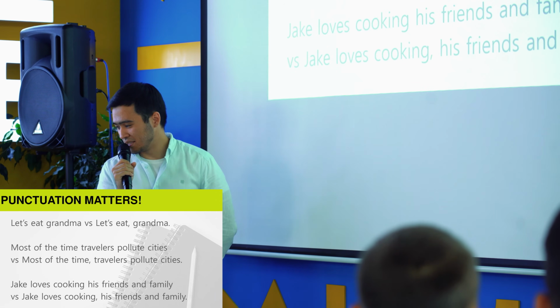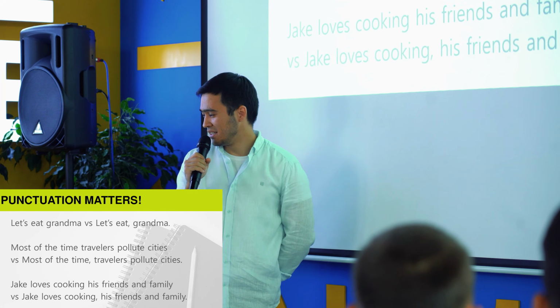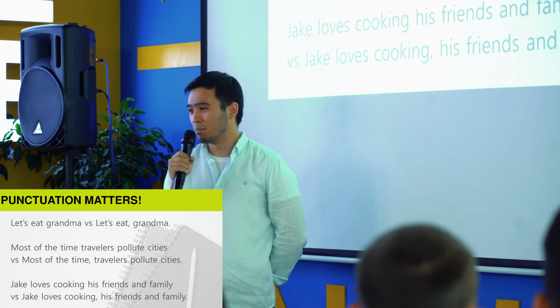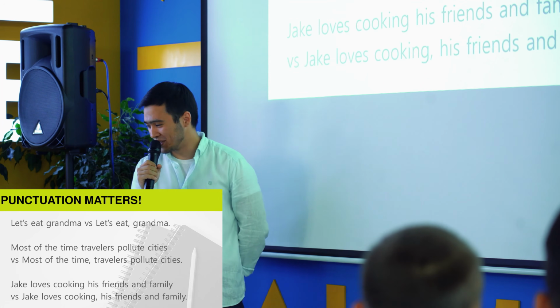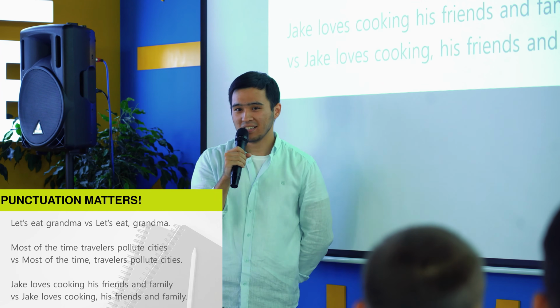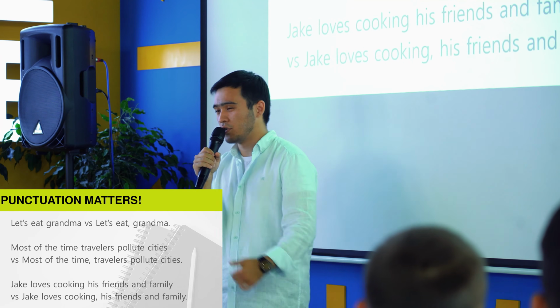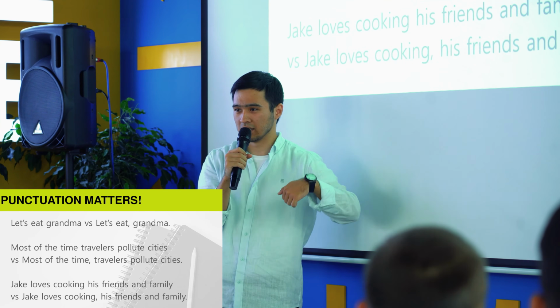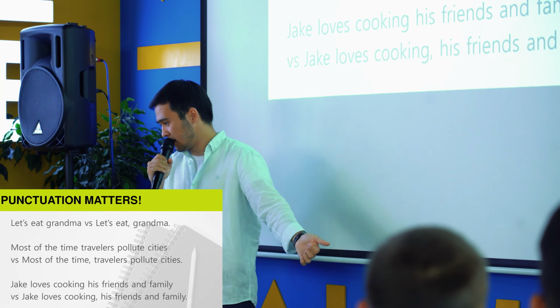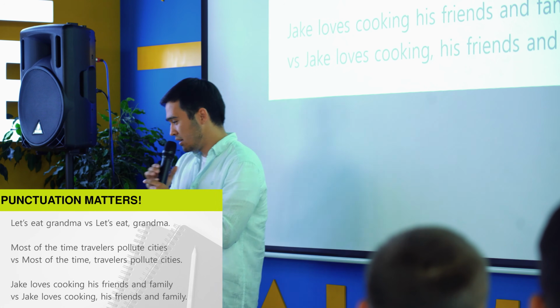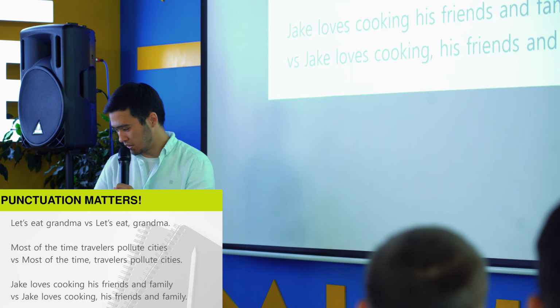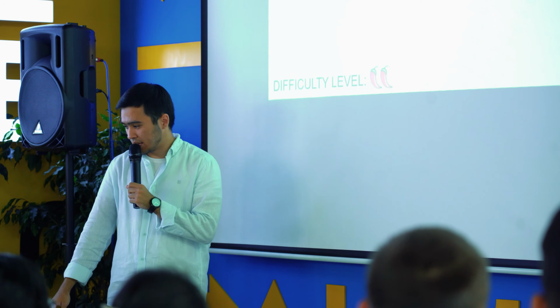All right, the last one is the most scary one and funny at the same time. Jake loves cooking his friends and family. What a person. Jake loves cooking, his friends, and his family. So he first likes cooking, and then he likes his friends, and then he likes his family. Okay? So the comma mistake. Be careful with that.